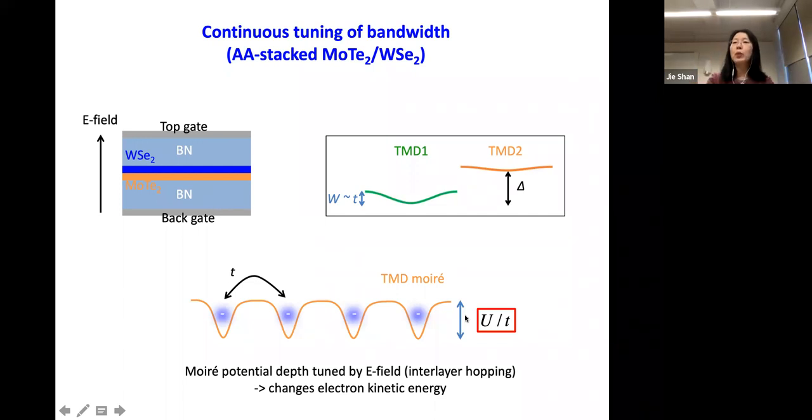When you make your potential narrower, it's much easier for an electron to hop from one side to another. So T will change exponentially, and U will also change a little bit, but much more slowly. The main effect is to make T much bigger. So when I tune the out-of-plane electrical field, I tune my bandwidth, so make this go down, basically.